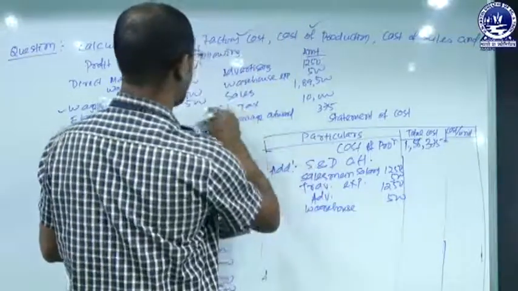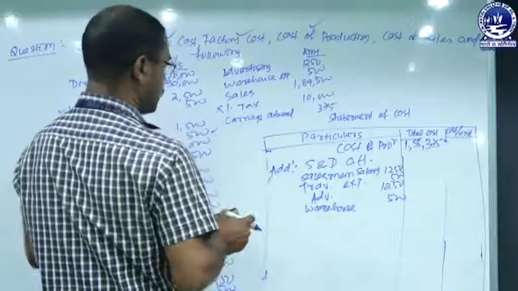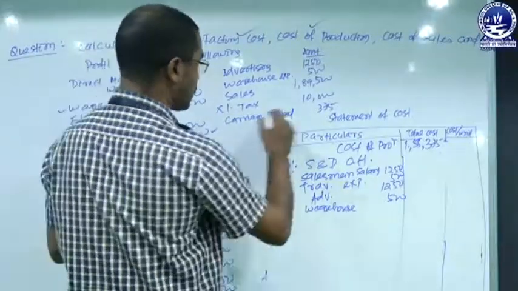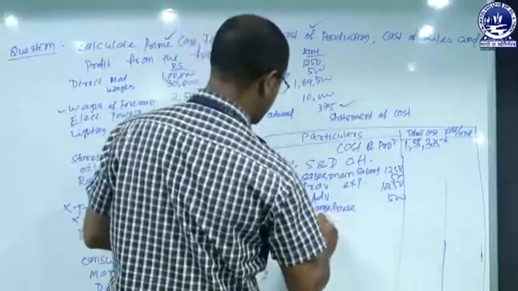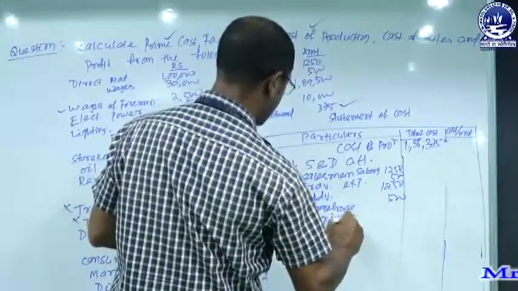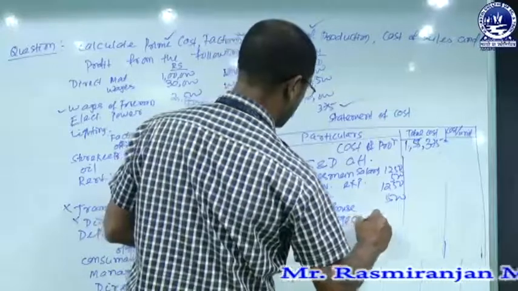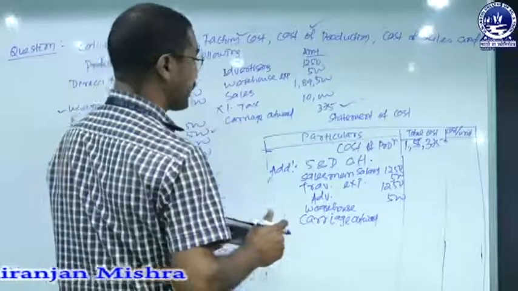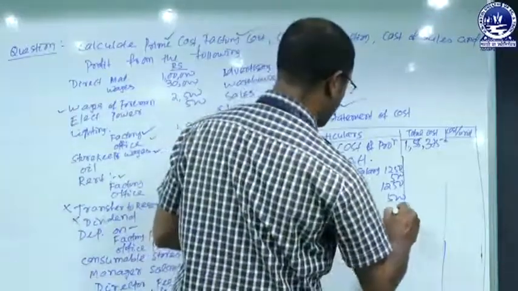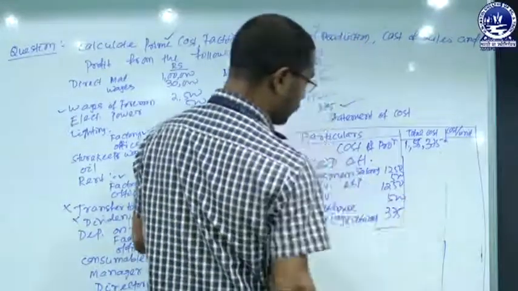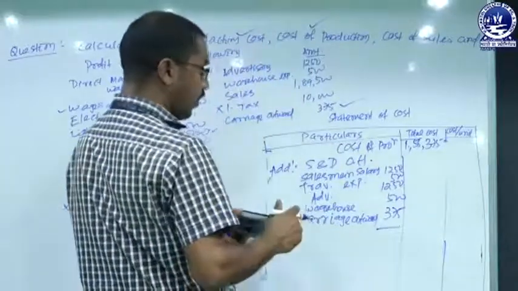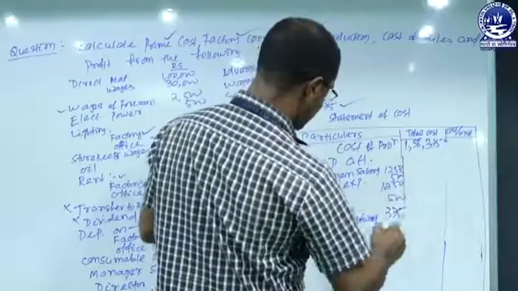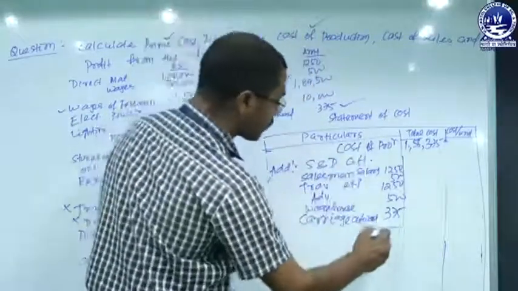Then income tax is not taken into consideration, as it is appropriation of profit or a financial nature of item. But carriage outward is taken into consideration under selling overhead, because the goods are taken from the organization to the market. This is known as carriage outward. The expenditure incurred when a product is transferred from organization to market is carriage outward expenses. So this is the total of selling and distribution overhead.